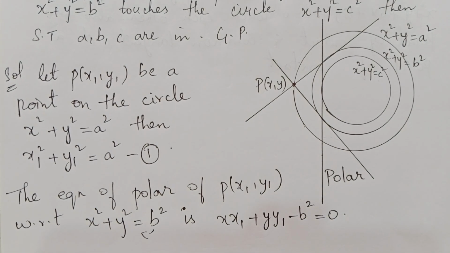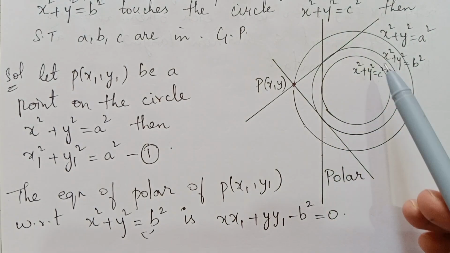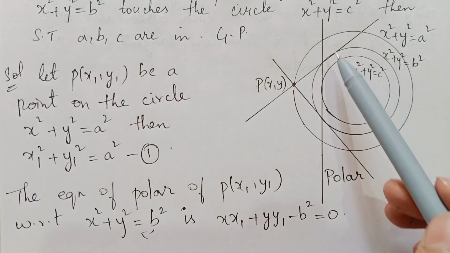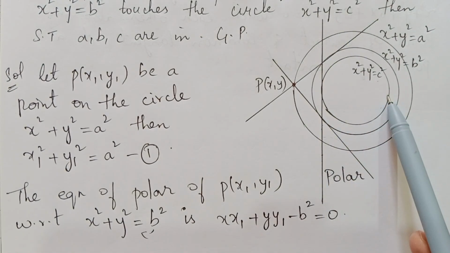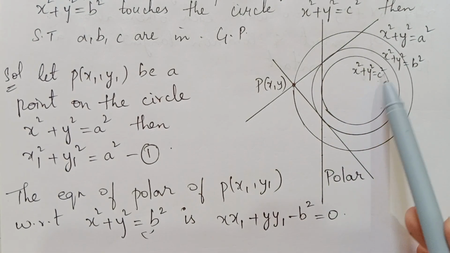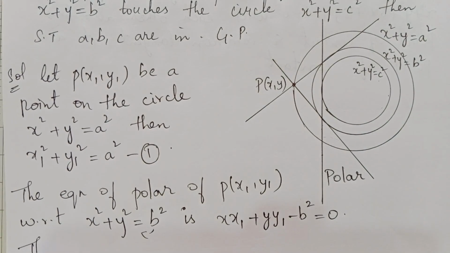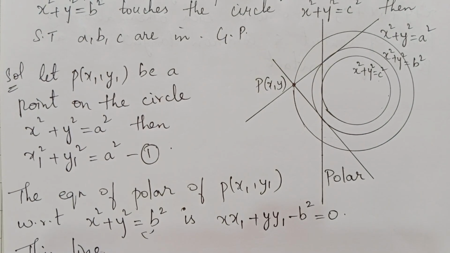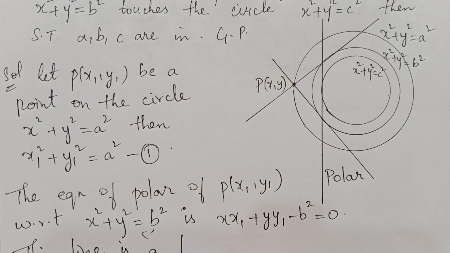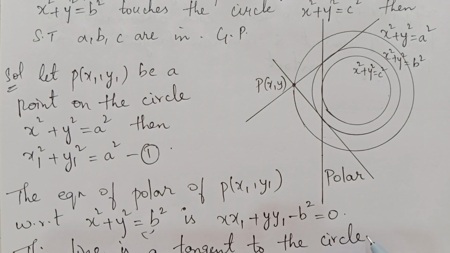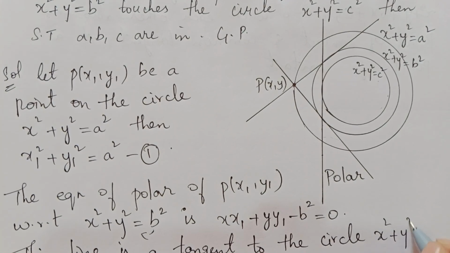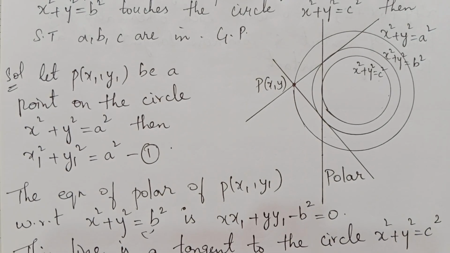Then this line is also a tangent to the third circle, right? This polar line is a tangent to the third circle x square plus y square equal to c square.